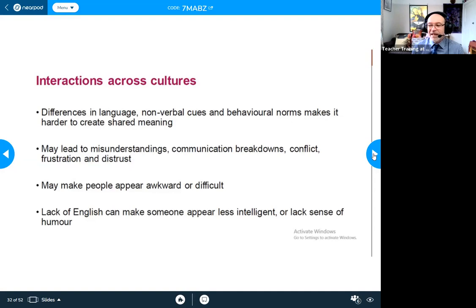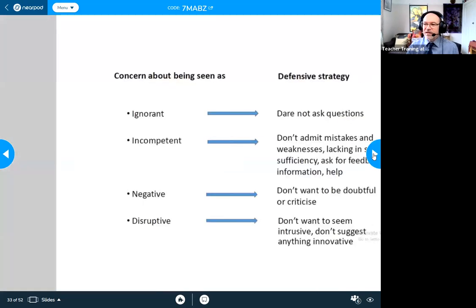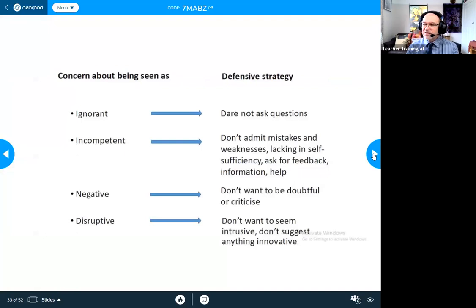It can make them appear less intelligent or perhaps lacking a sense of humor, which is a completely different thing, their humor is very, very different to ours. And so we can make judgments on people just based on their different cultures about their ability to learn and their intelligence, which aren't accurate. So we just need to have an awareness really of that. And this slide is just another example of that.